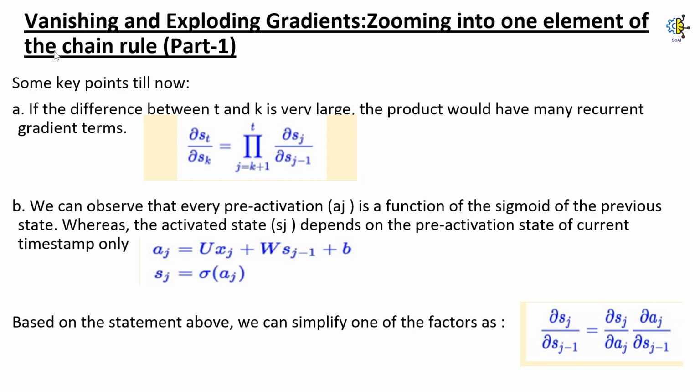Aj is equal to U xj plus W sj minus 1 plus b, and sj is equal to sigma of aj. Based on the statement above, we can simplify one of the factors as del sj by del sj minus 1 is equal to del sj by del aj multiplied with del aj by del sj minus 1.